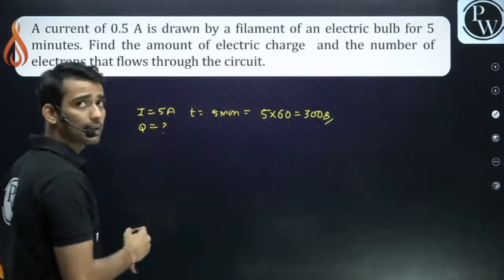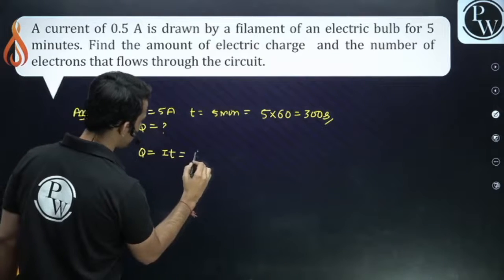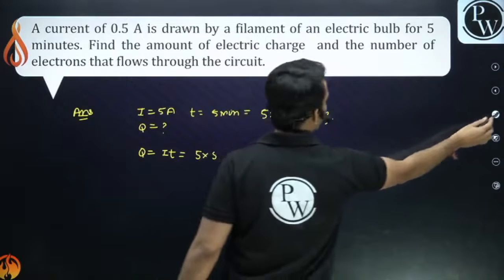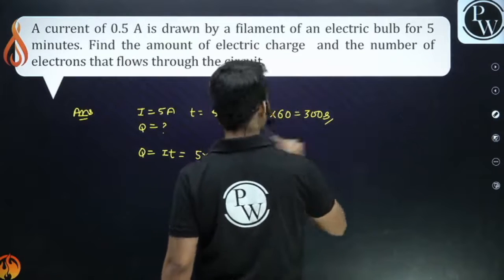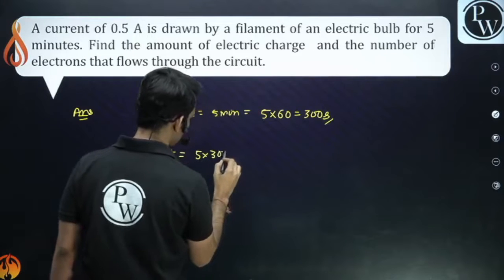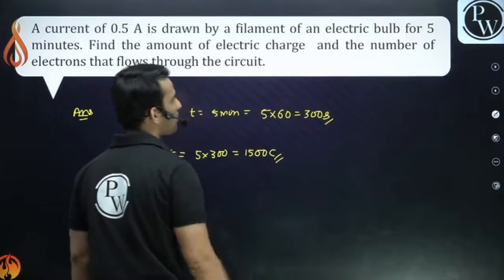So can you calculate the charge? Q is equal to IT, so 0.5 into 300, which is 150 coulomb. This is the amount of charge.